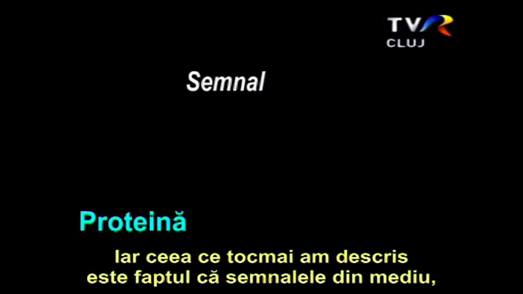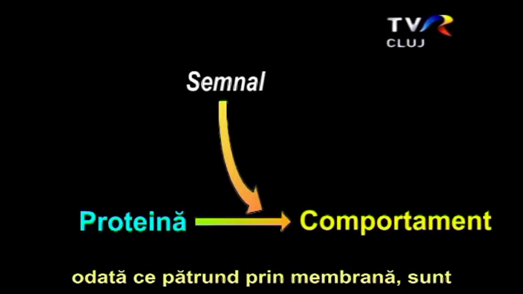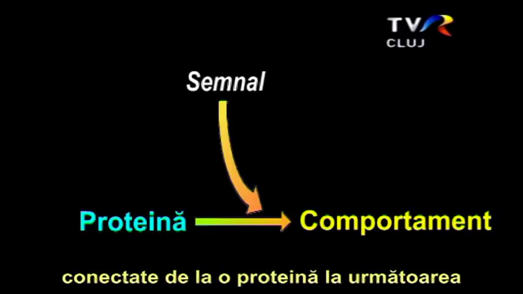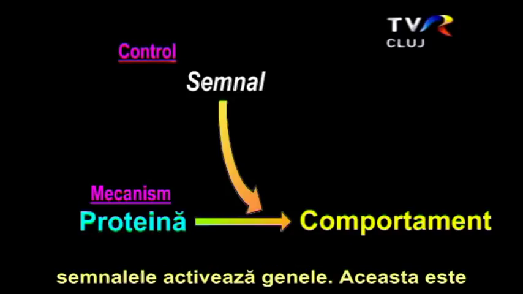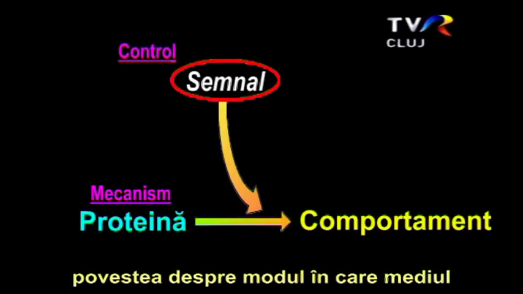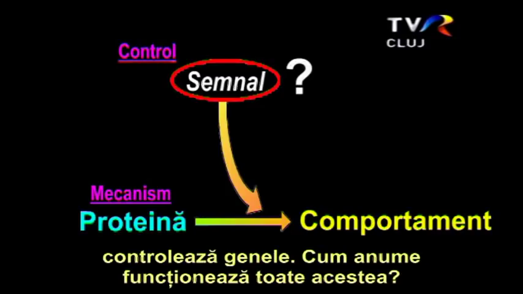But now there's a name, epigenetics, and it's a science of how environment controls genes. And what we were just tracing is that the signals from the environment go through the membrane, are connected from one protein to the next protein and follow through until they enter the nucleus. And then in the nucleus, the signal activates gene activity. And this is a story of how environment controls genes.